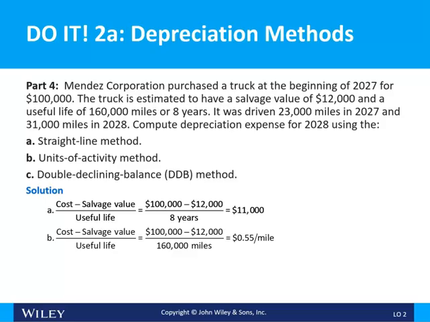In year 2, it said we drove 31,000 miles in 2028. That's what we're trying to calculate the depreciation expense for. So we take that 31,000 times 55 cents a mile, and it's $17,050 is our depreciation expense for 2028.